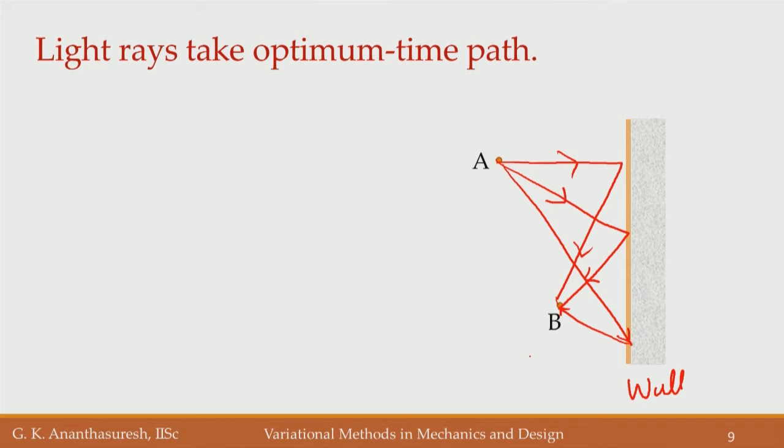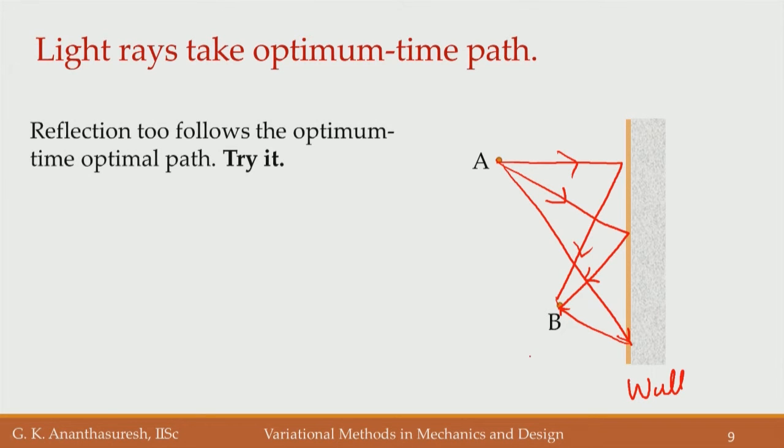The same question as what we asked in the case of refraction, we can ask in the case of reflection also. If you actually work out this problem, you will find that the light rays, even in the case of reflection, try to find the optimum time path. Okay. Optimum time, I do not say optimal again, optimum time path.